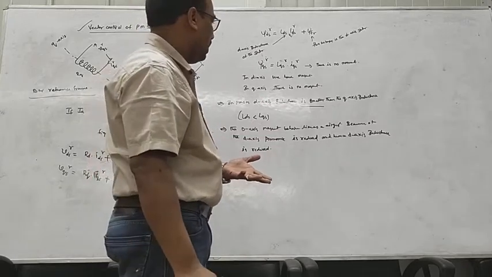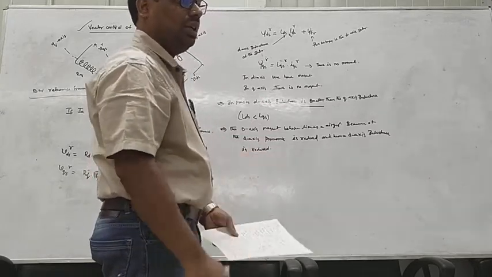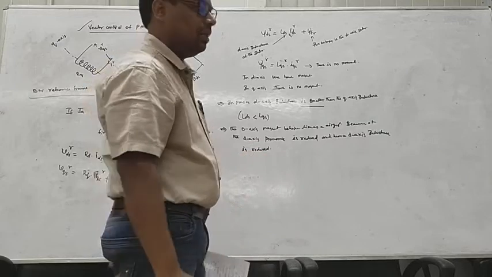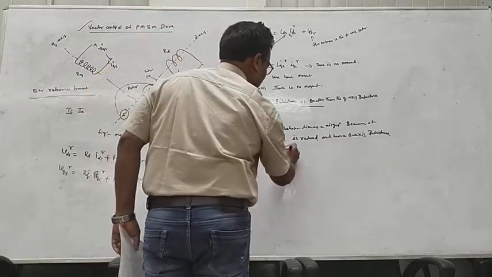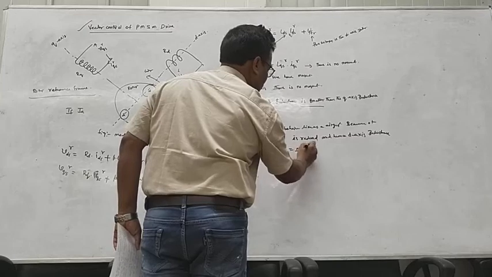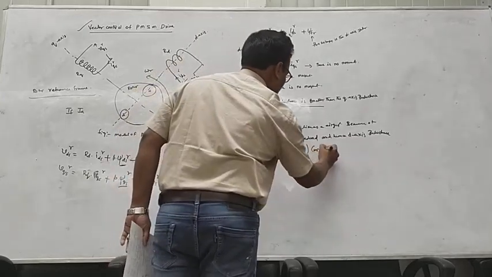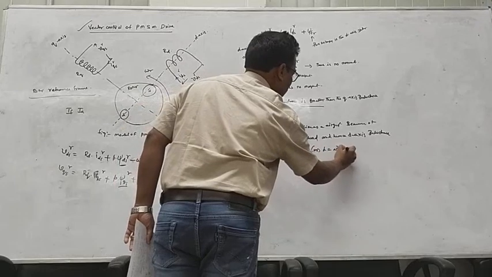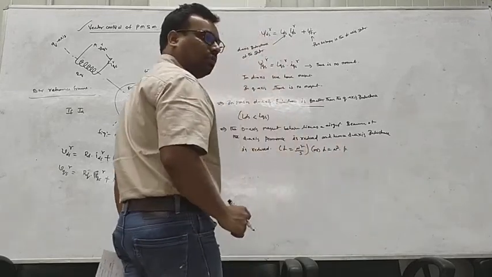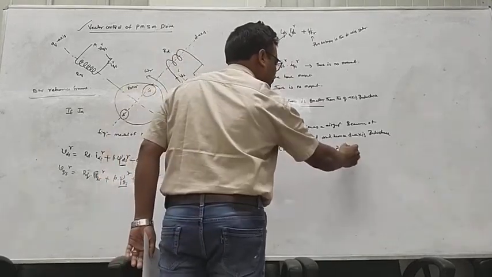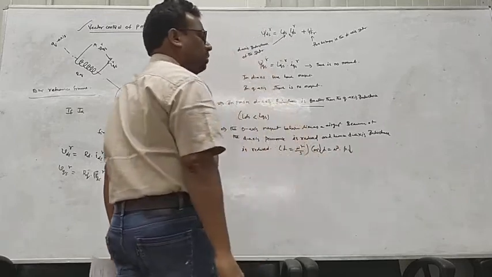You know the simple relation L is equal to N square by S, where S is the reluctance, so L is equal to N square times permeance P. As the permeance is reduced, the inductance is also reduced.